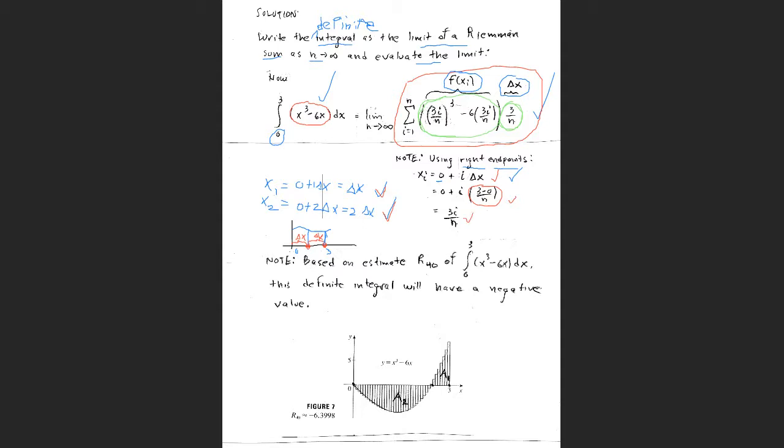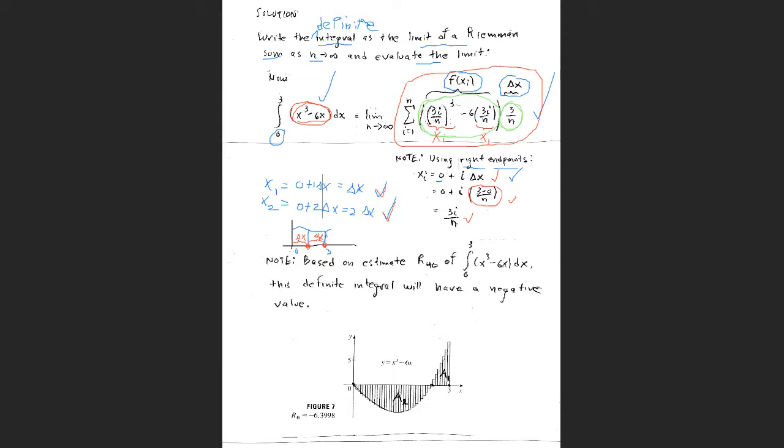And that's why in our function, f of x equals x cubed minus 6x, x sub i is 3i divided by n. So you have 3 times i divided by n, cubed, minus 6 times 3i over n.